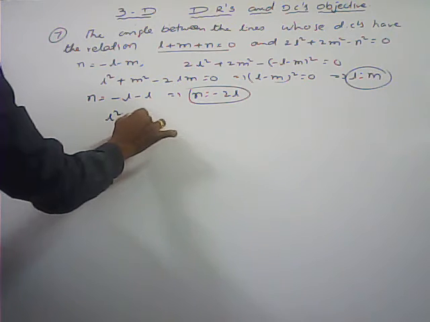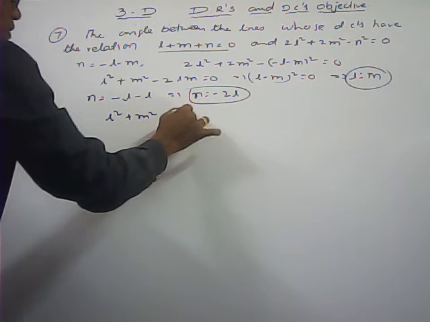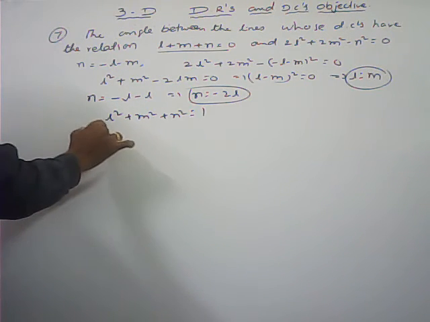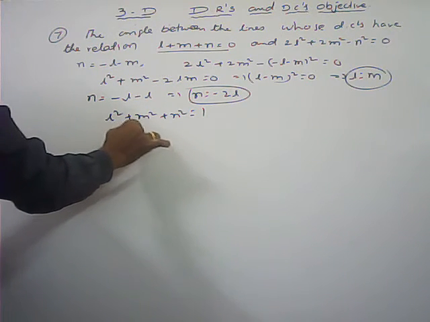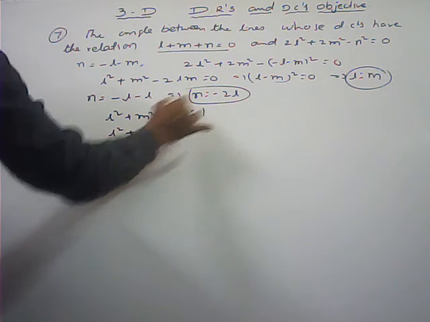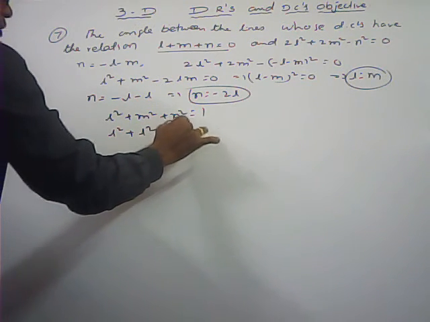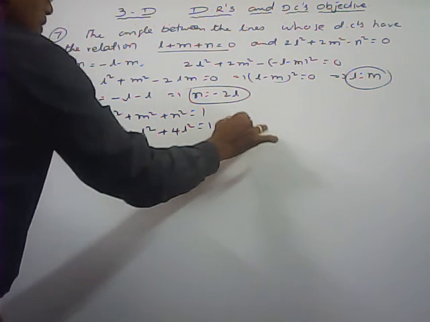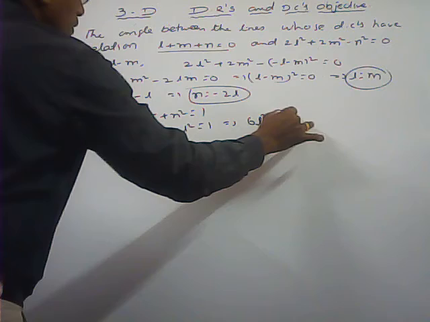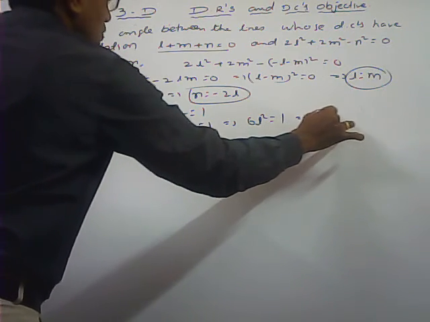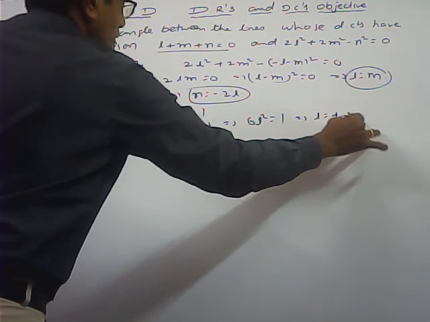L square plus M square plus N square is equal to 1. L square, M square, L square, N square, that is 4L square, that implies 6L square is equal to 1. That implies L is equal to plus or minus 1 by root 6.